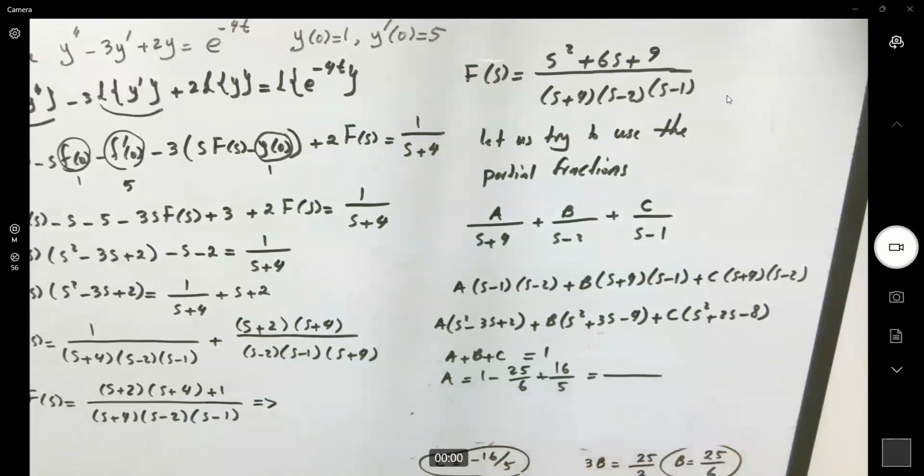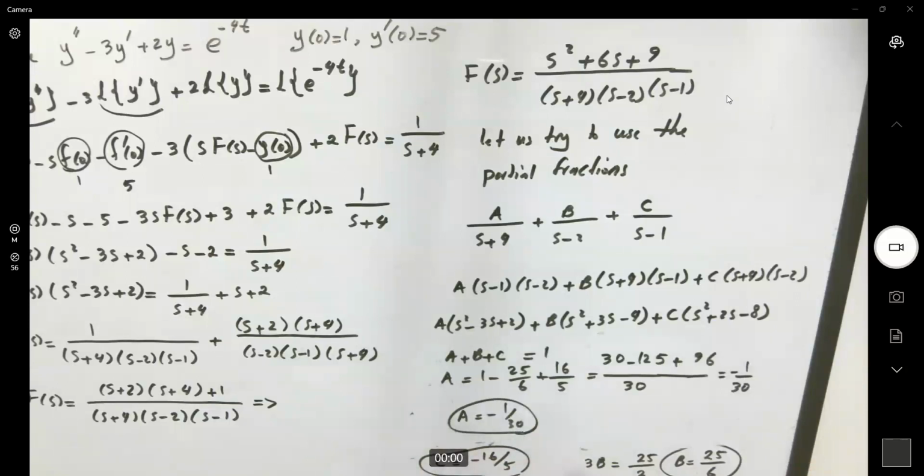So if we take a common denominator between these, which is 30, we get 30 minus 125 plus 96. Okay, let me simplify this. Here you get negative 1 over 30. So a becomes negative 1 over 30.